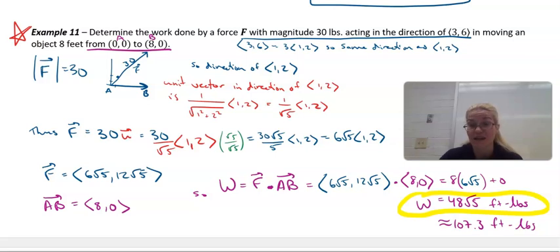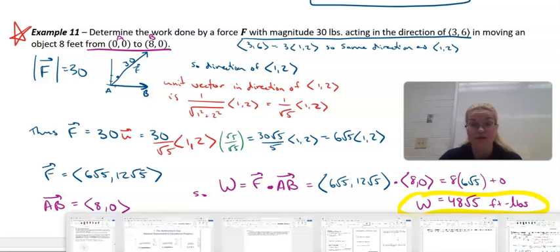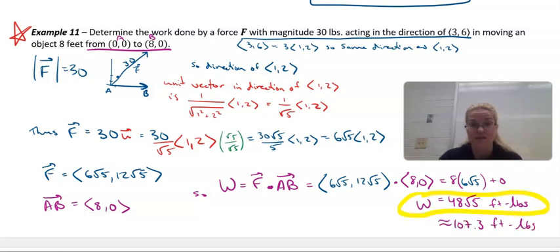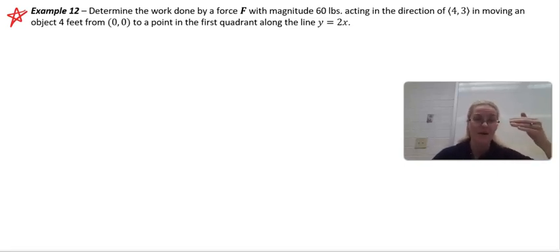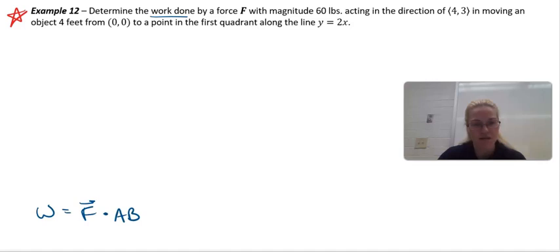Another example that I'd like to star, which is why we are doing this video, is example 12. So let's work through example 12 together because it's almost like just one more step above example 11. So starting with, determine the work done. Over here, I know I'm going to need to end with work is equal to my force dot AB.